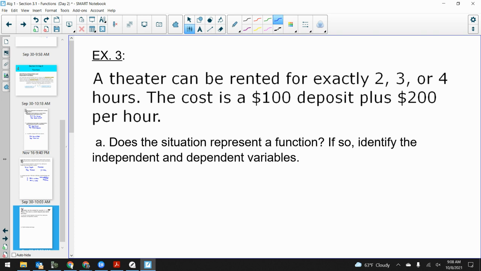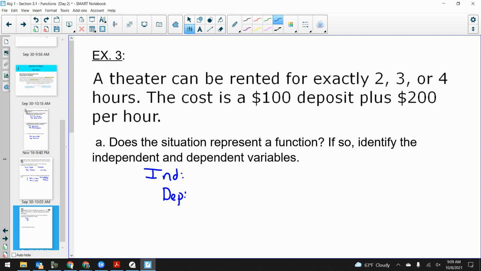Okay. Does this represent a function? Let's identify the independent and dependent variables here, because that might help us decide whether it's a function or not. Okay, what is my independent variable? What does this situation depend on? The amount of hours.